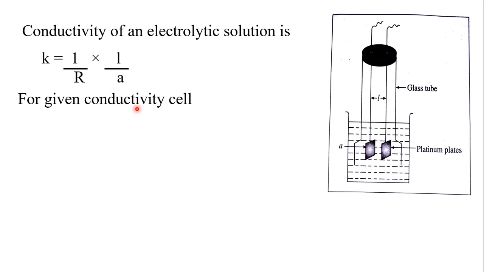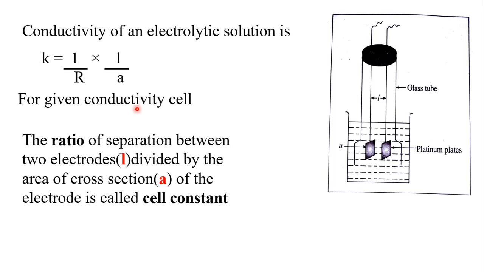And for a given conductivity cell, the ratio of the separation between the two electrodes, that is L, divided by the area of cross section, that is A, of the electrode is called the cell constant.